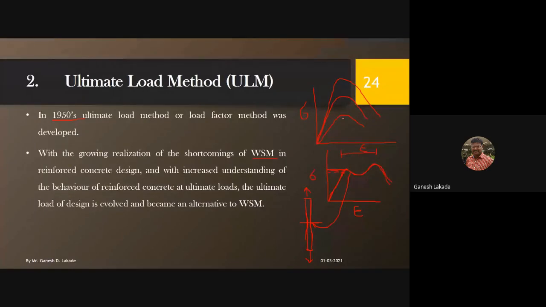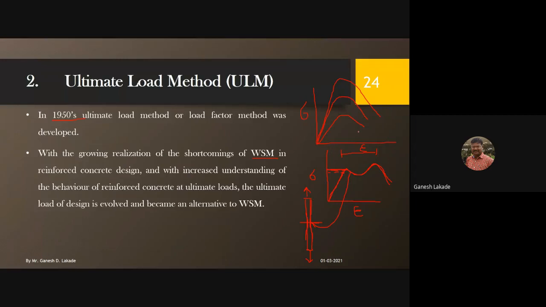Why? Because you are going to use reinforced cement concrete, means you are adding concrete and reinforcement, and you are going to use it for structural members. If you don't consider the actual behavior of the material while designing that particular component of the structure, then when the load actually affects the structure, sudden failure or sudden collapse of the structure is possible.